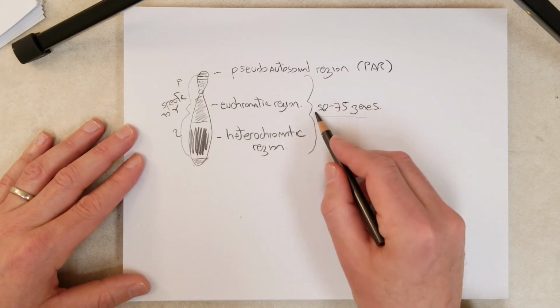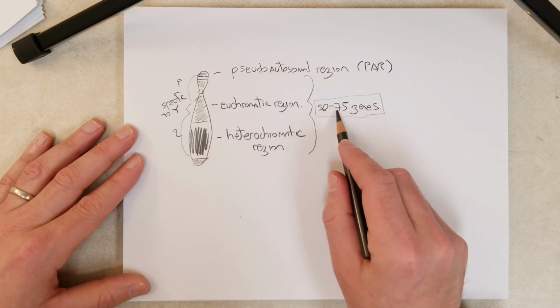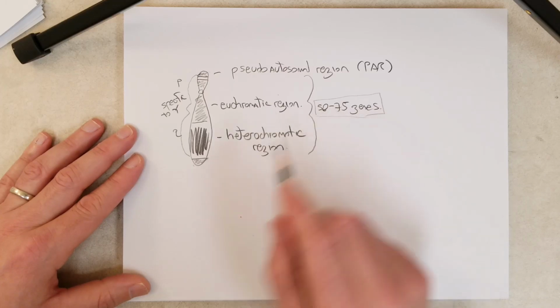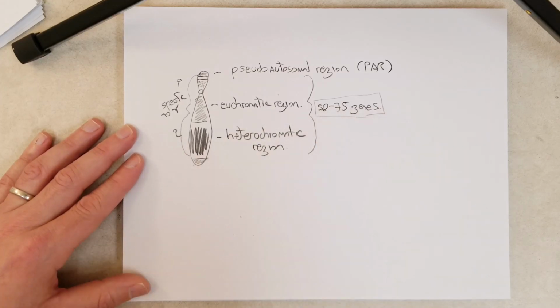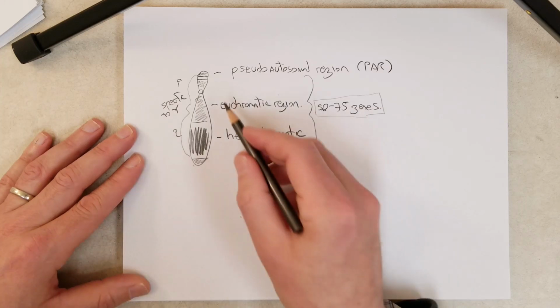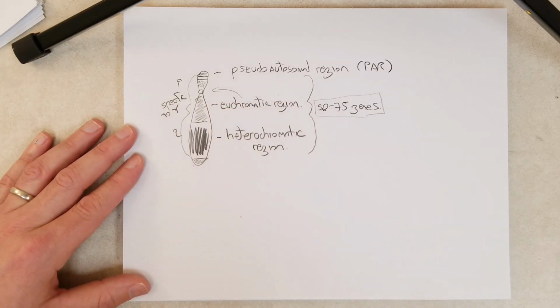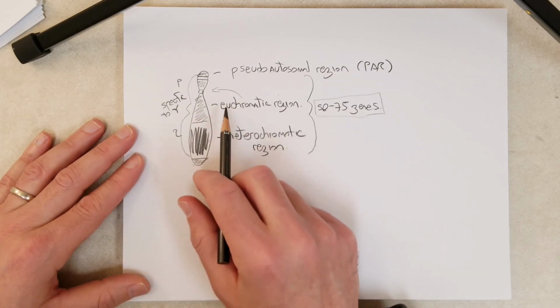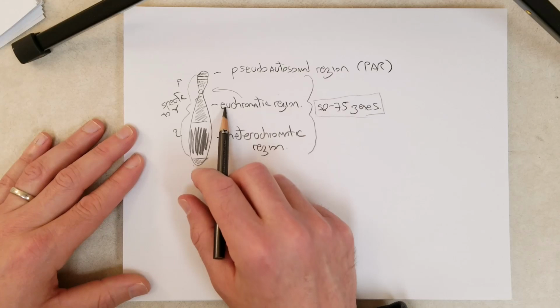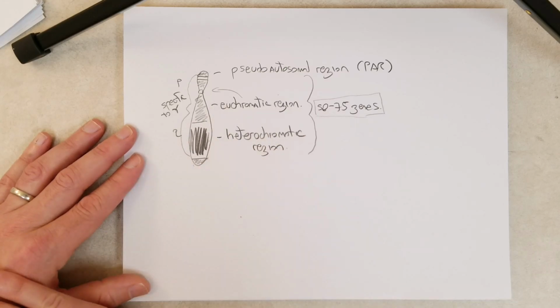I'm not sure why, but what we do know is that there's a relatively small number of genes on the Y chromosome. And I believe most of them are found in the heterochromatic region, which would make sense because that's the region where it's easier to transcribe genes.